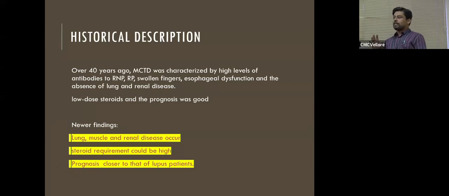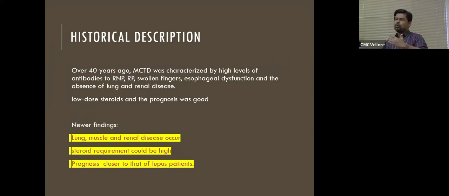So they do not have renal disease, they don't have lung disease, they only need steroids, and that also low dose steroids, not the high dose steroids of lupus and the steroid sparing agents that were being used. So according to them, this was a milder form of CTD which was being detected with RNP positivity, and prognosis was generally good.